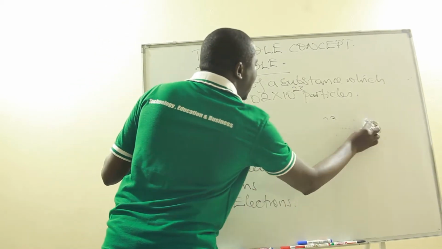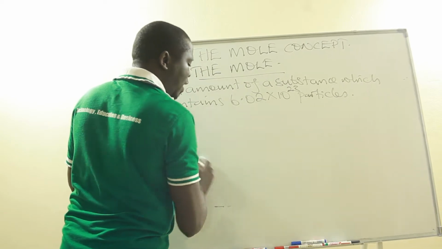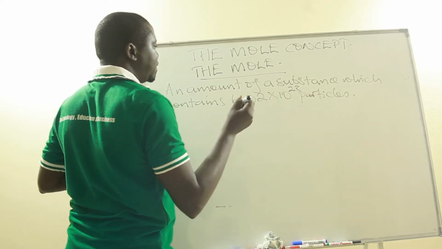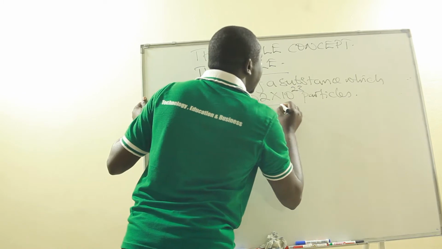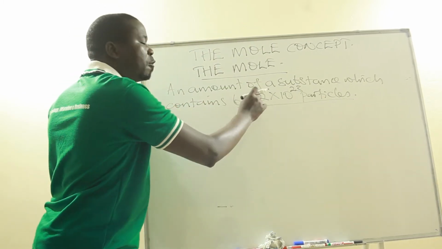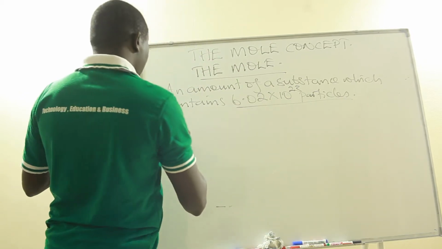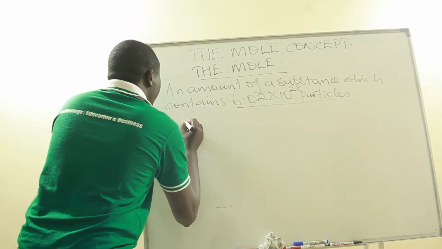Now let us look at the 6.02 times 10 to the power 23 particles that we have talked of. That's the number of particles in 1 mole of a compound. This number was established by the father of the mole, a man called Avogadro.